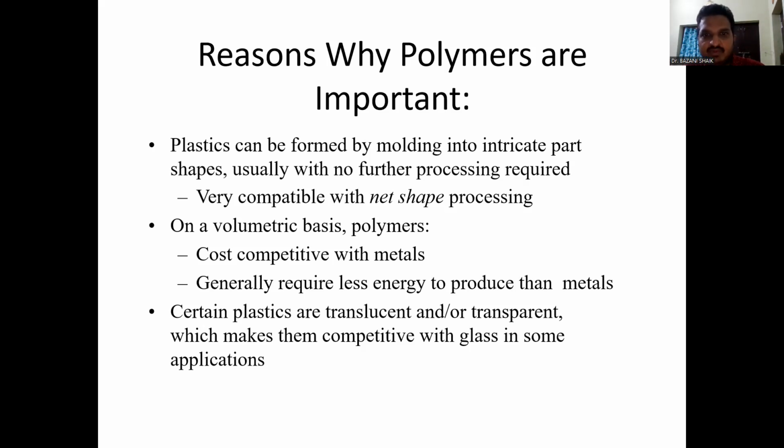They are very compatible with net shape processing, and on a volumetric basis polymers are competitive with metals. Generally, they require less energy to produce than metals. Certain plastics are translucent or transparent, which makes them competitive with glass in some applications.